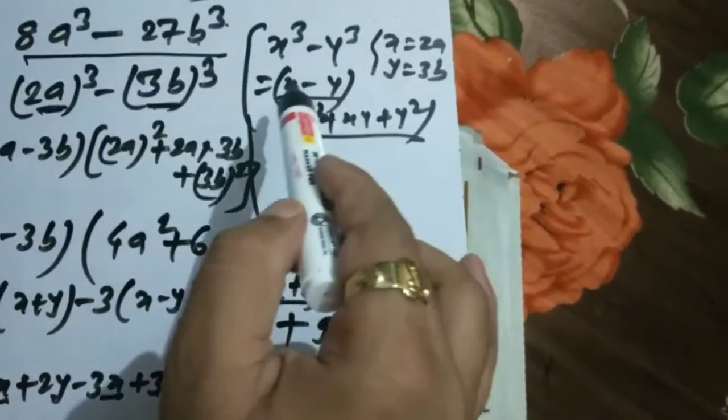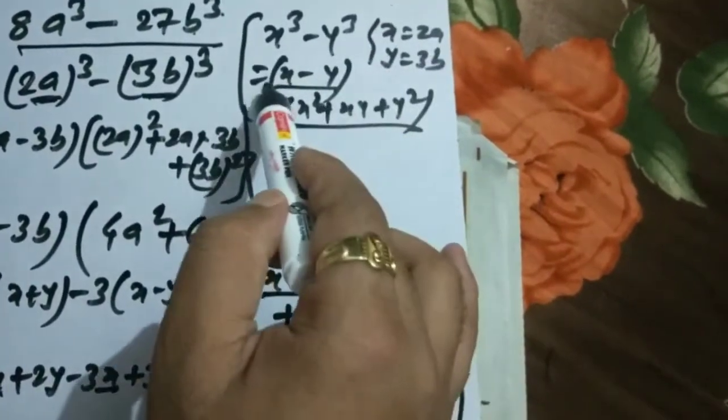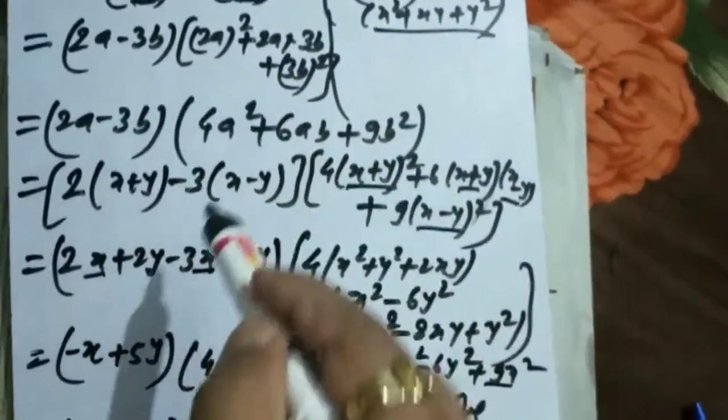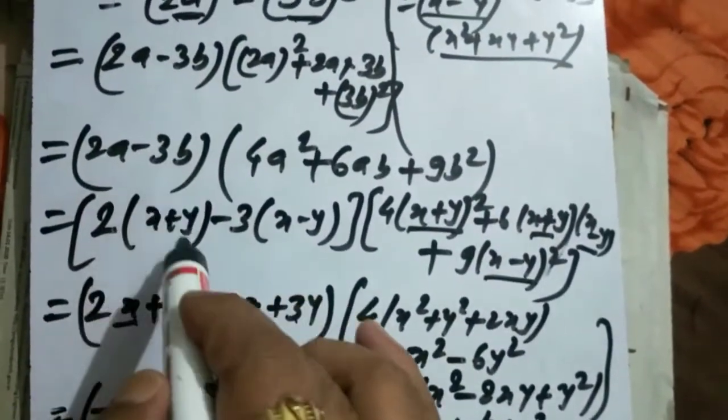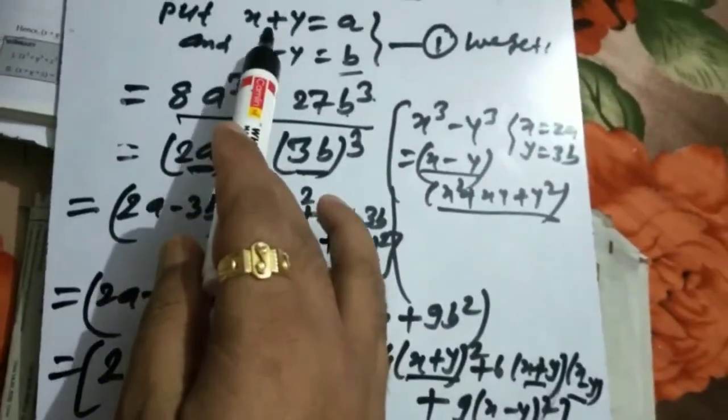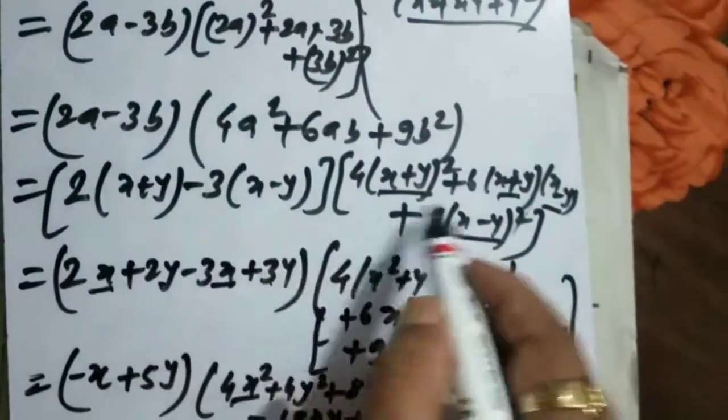Now put this value of x and y in this expression, then it will be factorized, and at last you have to put the value of a and b in this expression which we have supposed earlier, and then simplify it.